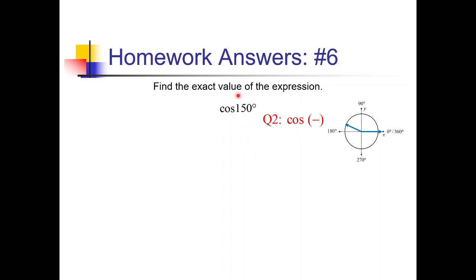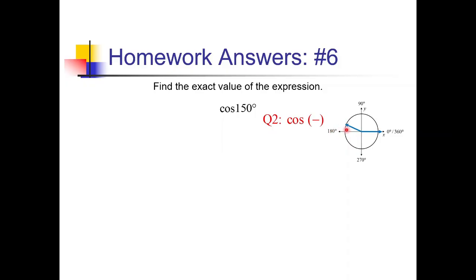So when I rewrite this with a reference angle, which is what I'm going to have to do to evaluate this, I'm going to make this a negative cosine of something. So what is my reference angle? Well, the reference angle, remember, is just how far you are from the closest x-axis angle. So we're closest to 180. To get all the way to 180, 180 minus 150 would be 30 degrees.